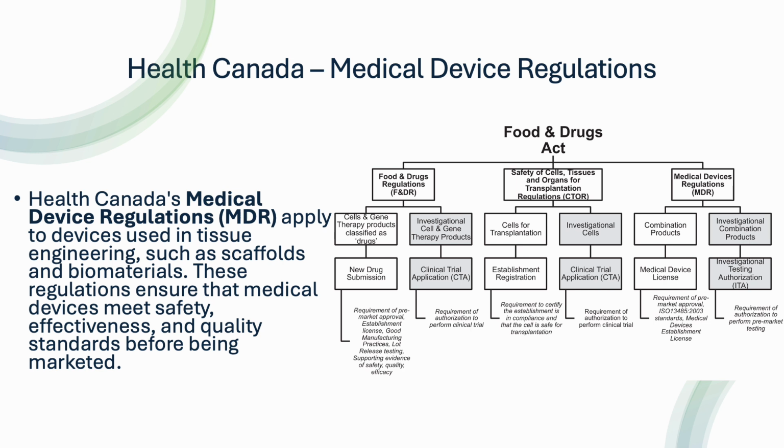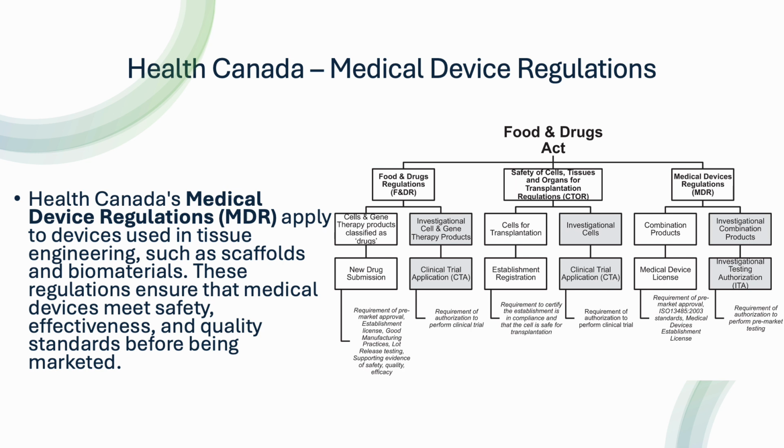So what you can see on the picture on the right side of the slide is the Food and Drugs Act of Canada, where underneath we have the Food and Drugs Regulations, we have Medical Devices Regulations, and we have Safety of Cells, Tissues, and Organs for Transplantation Regulations. So any regulatory affairs professional will need to consult the Food and Drugs Act of Canada and then look into the pathway that he or she needs to follow depending on the type of scaffolds and biomaterials.